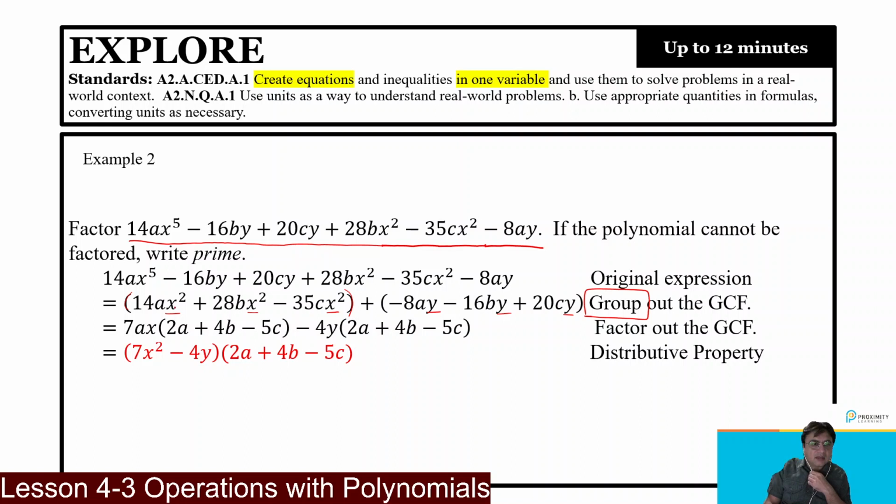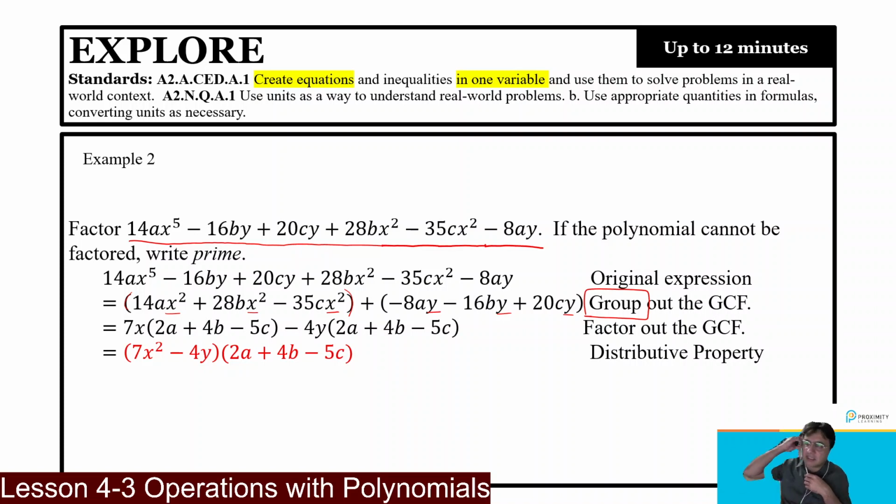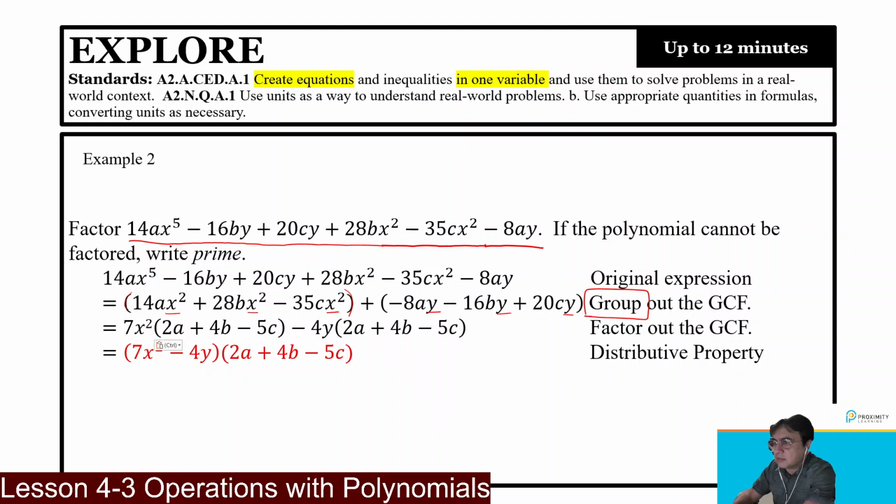This a is not correct, so let's fix this mistake first of all. We can't take the a out. We can only take the x squared out. Let's put that 2 there.